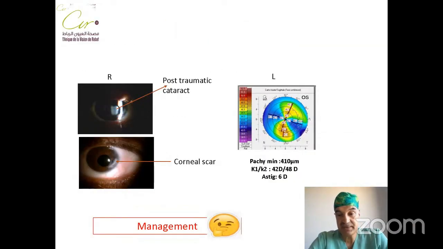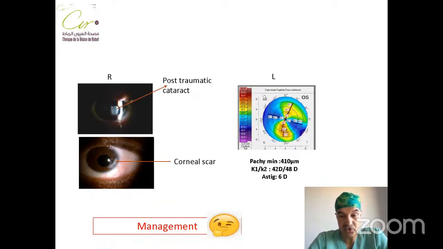The preoperative assessment included the complete ophthalmic clinical examination, including exploration of anterior and posterior segments, given the traumatic context. It is to be noted that in these cases, the ocular trauma caused both the cataract and corneal scar.